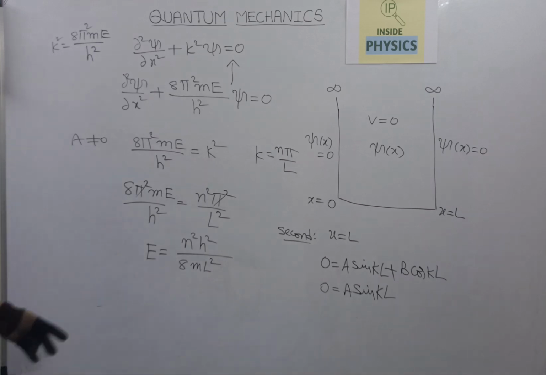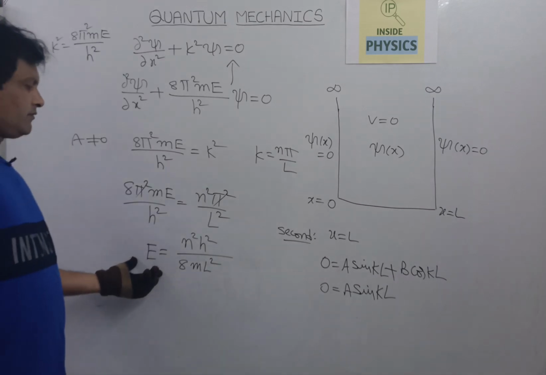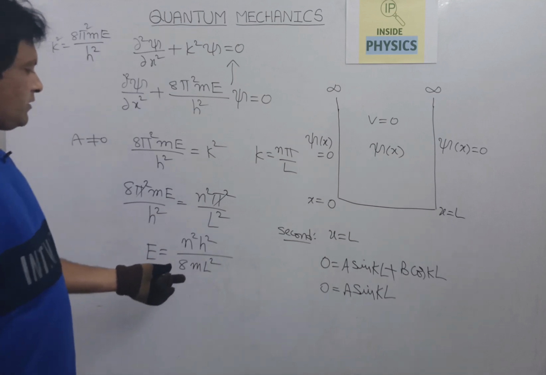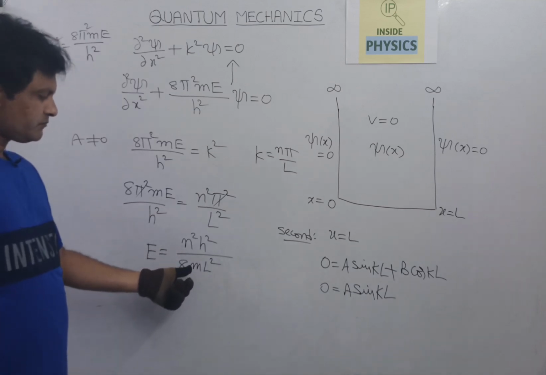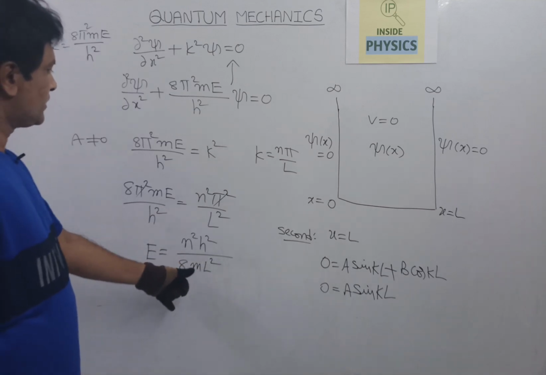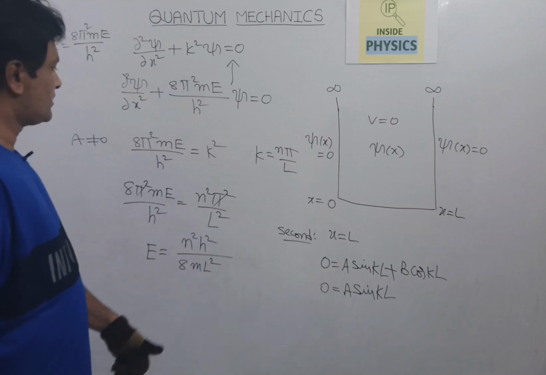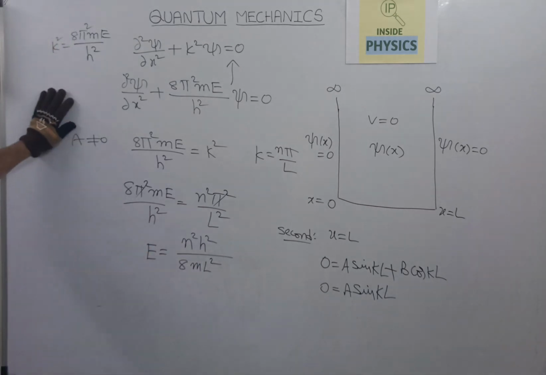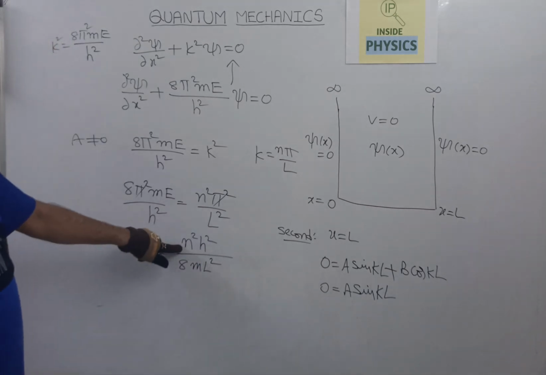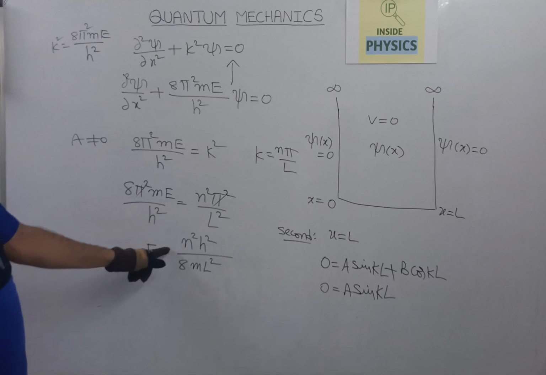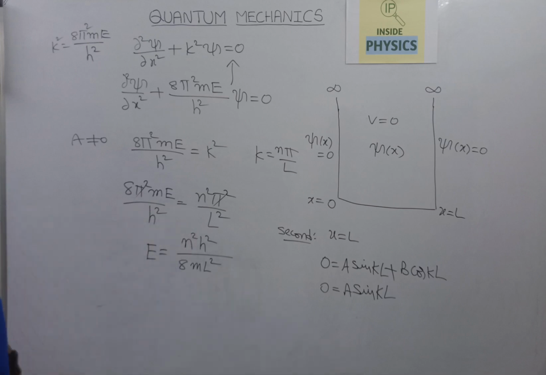If you observe this equation, the energy of the bounded particle is not only dependent on this boundary and the Planck's constant, but also dependent on the number n. It is directly proportional to the square of n.